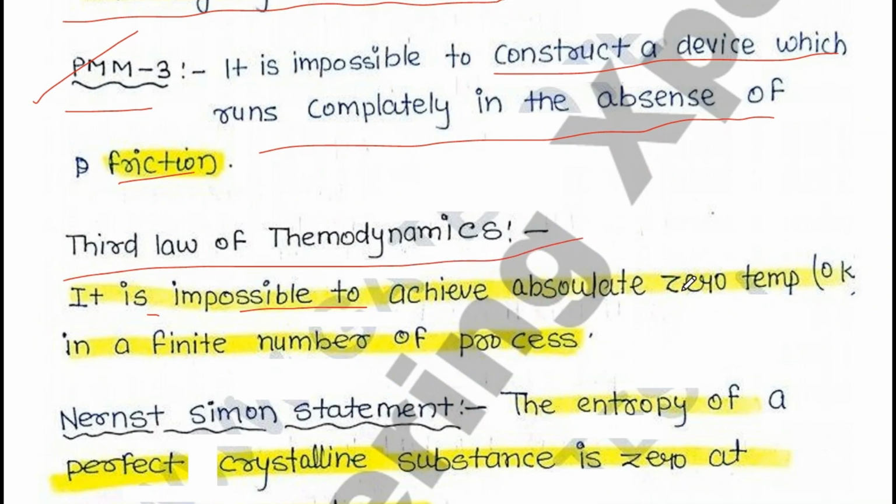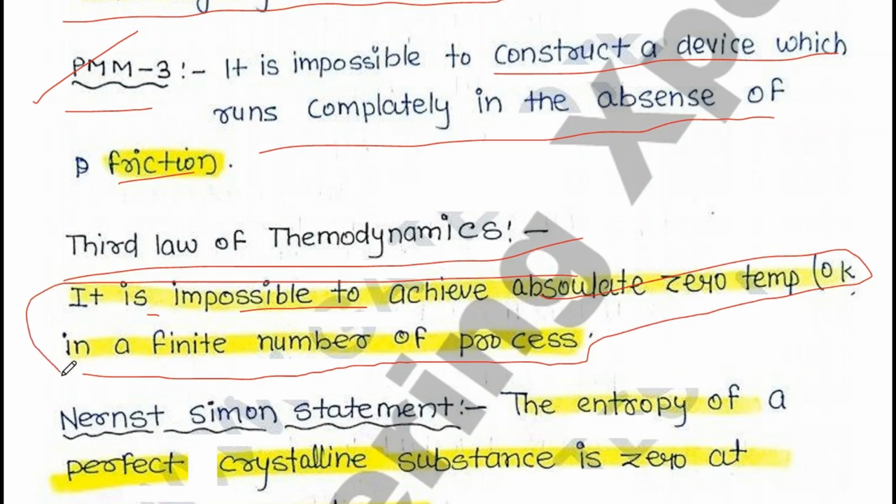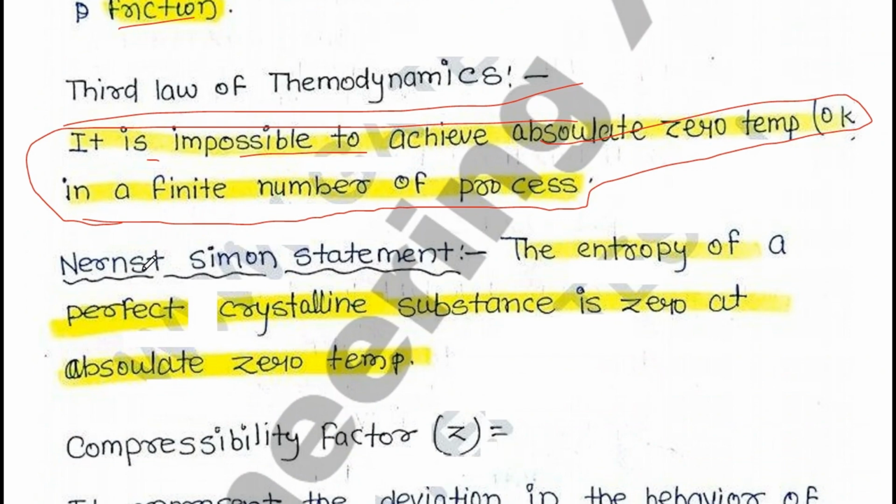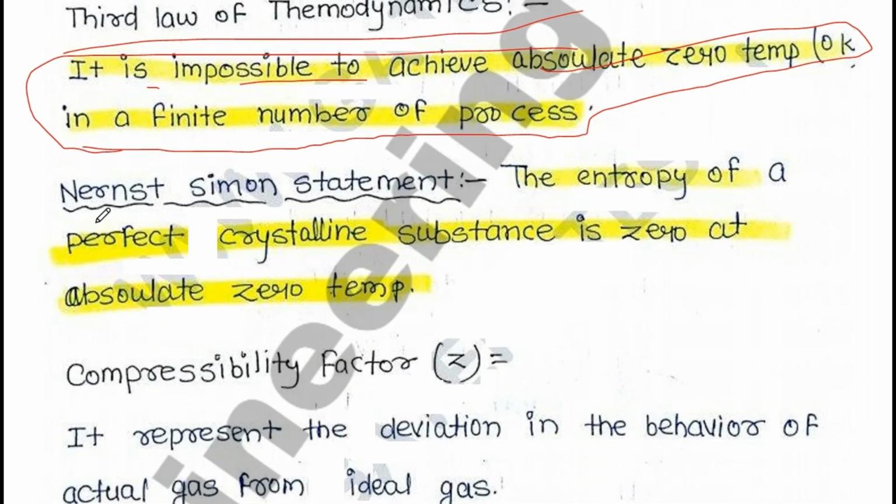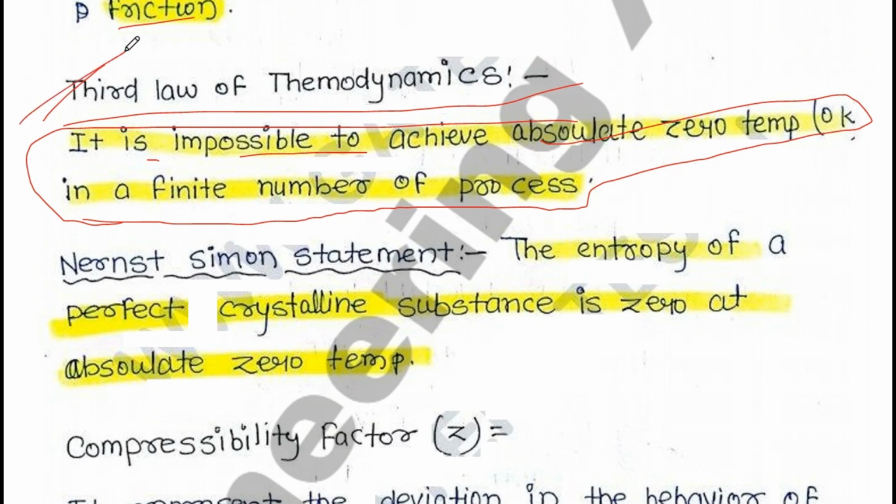The third law states it is impossible to achieve absolute zero Kelvin temperature in a finite number of processes. So you cannot achieve zero Kelvin temperature by any process and any number of cycles. It is impossible to achieve. This is pretty simple and straightforward, and there is nothing much about this in numericals also.